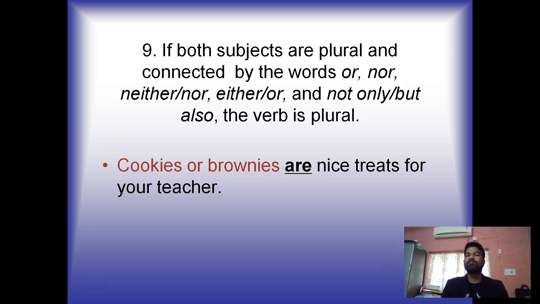When two plural subjects are connected with either or, neither nor, not only but also, or, nor, such kind of conjunctions, then we always use a plural verb. Am I clear? So cookies or brownies are nice treats for your teacher.